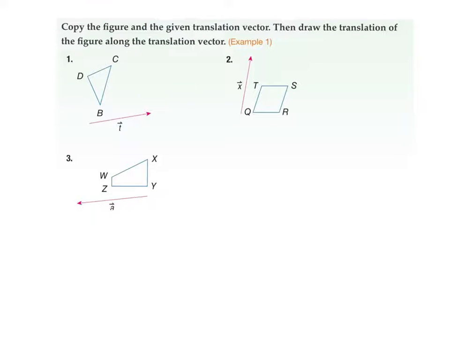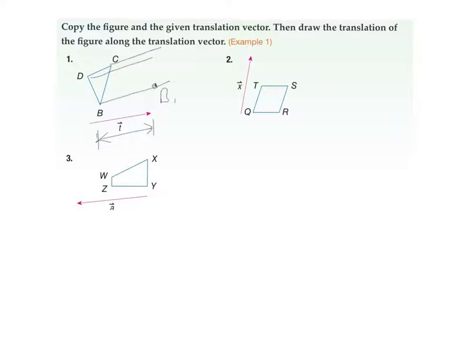Alright, question number 1. First and foremost, measure the distance of your vector. So what is the distance? Once you've got that, then you draw your lines parallel to it. Make sure that you are using your drawing tools, and then once you've got that distance, measure the same distance away, and that's where B dash is going to go.